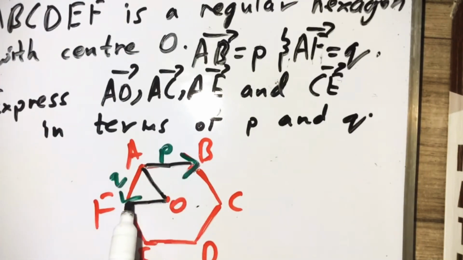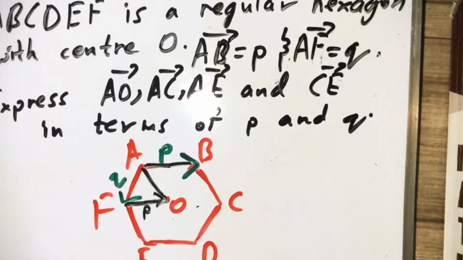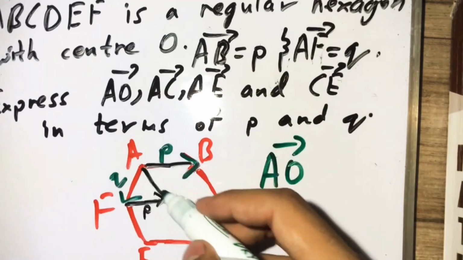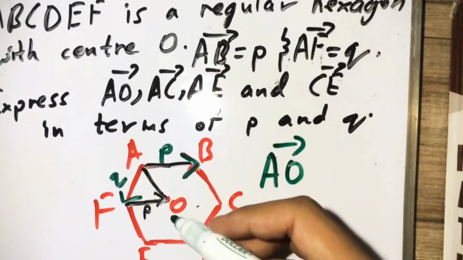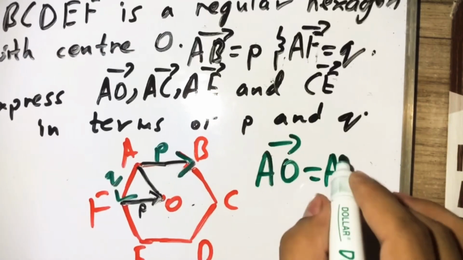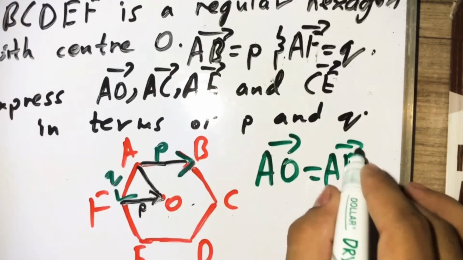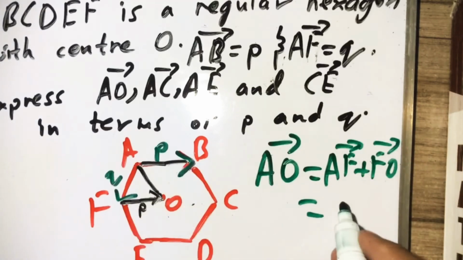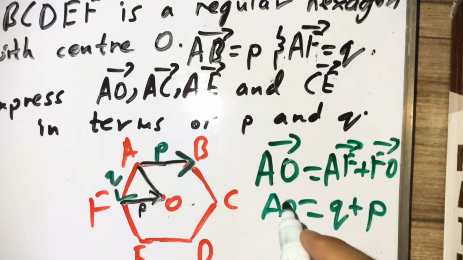Therefore, this FO can also be called P. Now for AO we have to add AF plus FO. AF is Q and FO is P, so AO is Q plus P.